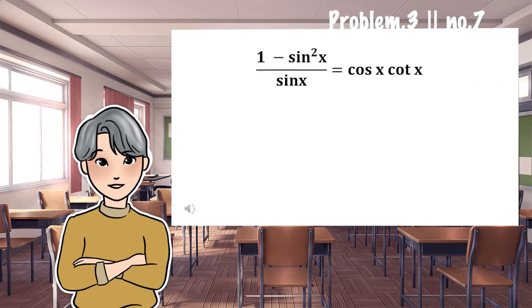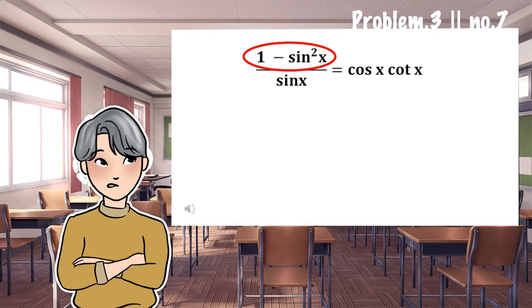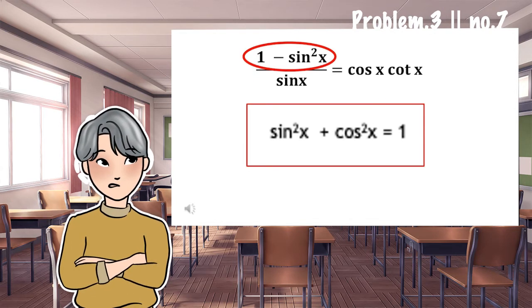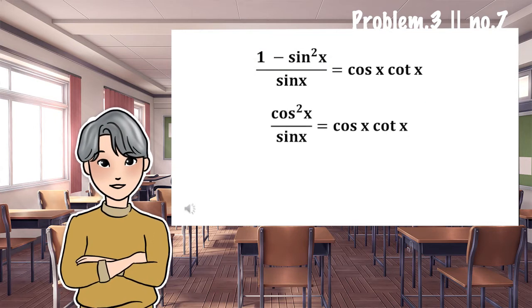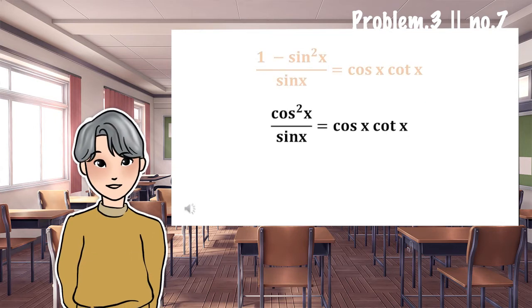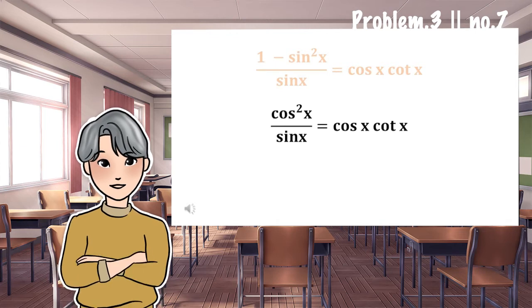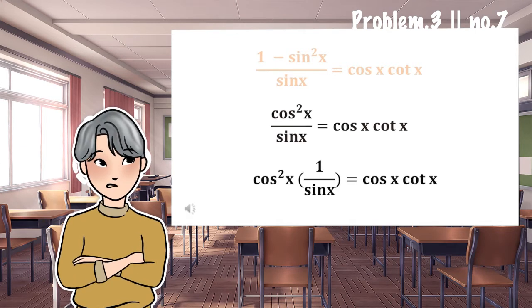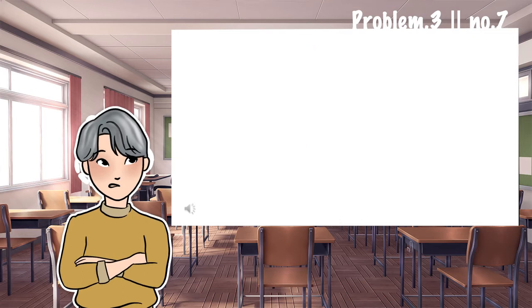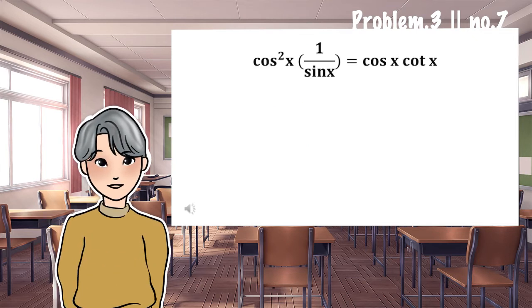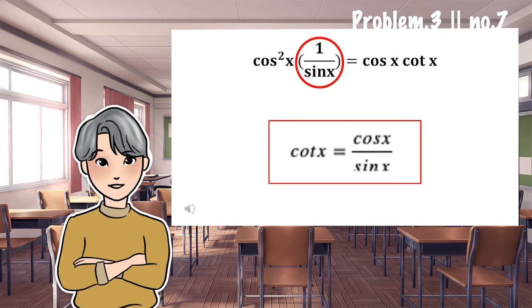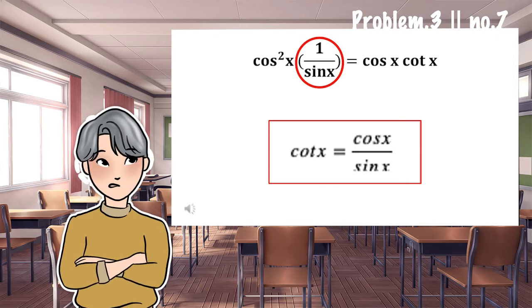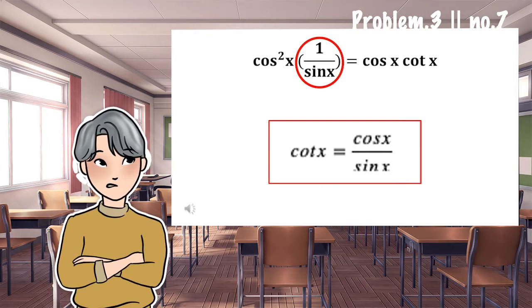According to the Pythagorean identity table, 1 minus sine squared x is equal to cosine squared x. And now, it's cosine squared x over sine x. We should separate cosine squared x. We can do that by multiplying it with 1 over sine x. Going back to the identity table, cotangent x is equal to cosine x over sine x.